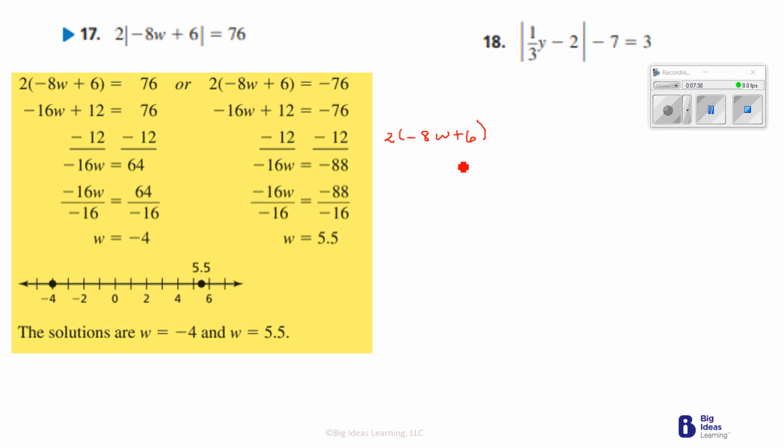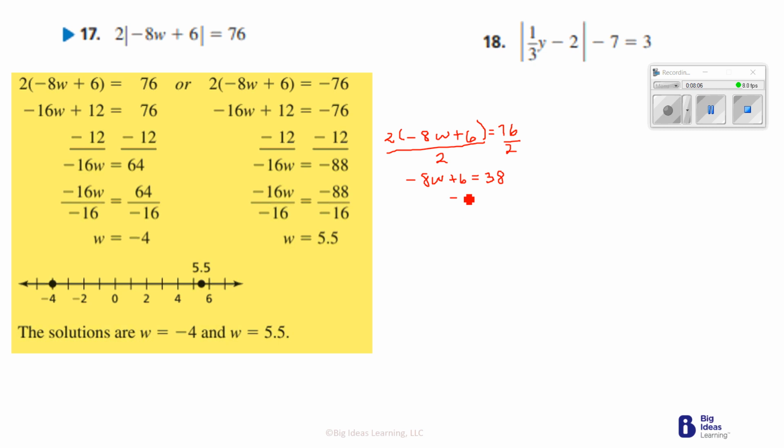Remember, we would have divided everything by 2 to get rid of it. And that means we would have had to divide this side by 2. This would have left me negative 8W plus 6 is equal to, well, half of 76 would be 38.